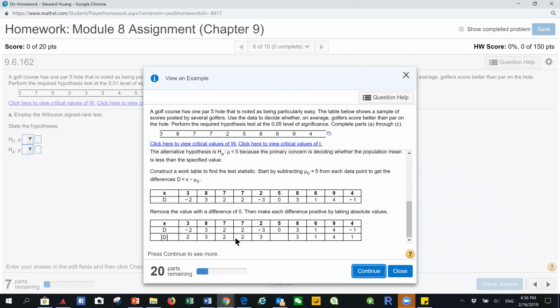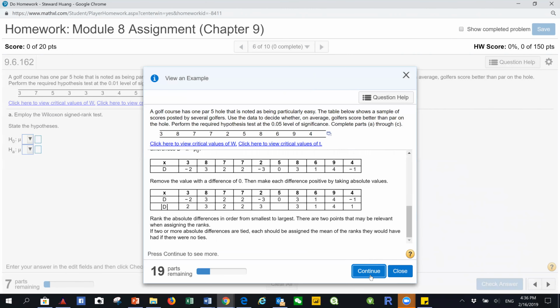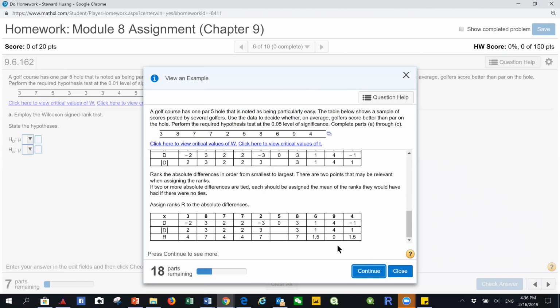And then find the absolute value of D, then rank it from smallest to largest. The smallest is 1, and there's no 2, so the smallest and the second smallest will be 1 and 2.